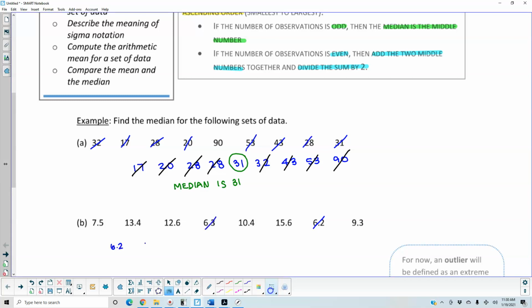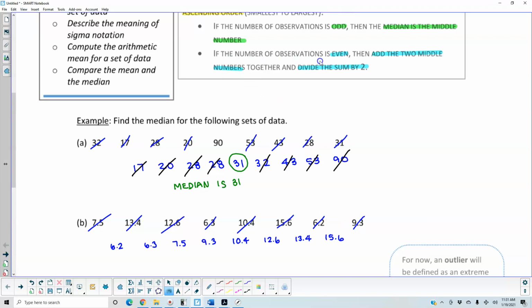The next number is 6.3, then 7.5, then 9.3, 10.4, 12.6, 13.4, and then 15.6. So let's count out these numbers: 1, 2, 3, 4, 5, 6, 7, 8.